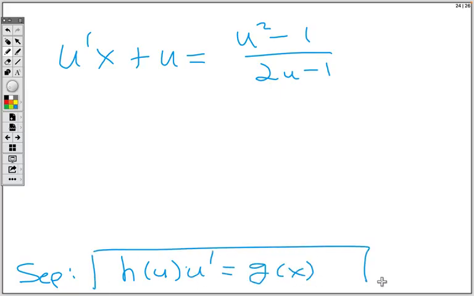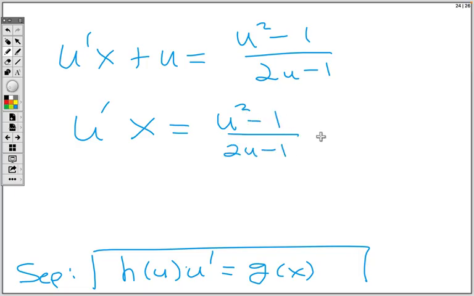That's our goal, right? So we'll get the u prime on one side and then try to get all the u's with that and then all the x's on the other. So if I start off here, let's get the u prime. I got u prime x would be u squared minus 1 over 2u minus 1 minus u. And since we're going to be dividing stuff over, let's go ahead and get a common denominator there again.